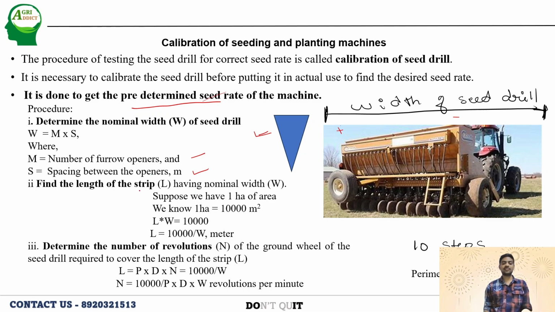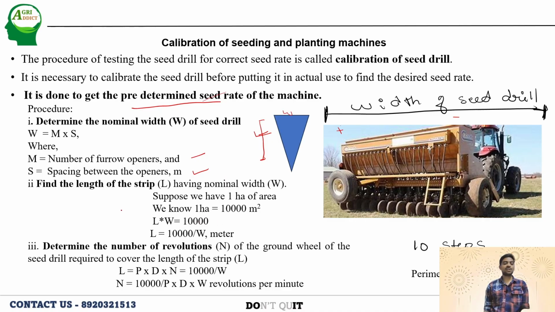Next, find the length of the strip, which has the nominal width W. Suppose we have 1 hectare of area. For that 1 hectare, the length of the strip is given by L × W, where L is the length and W the width. The nominal width W will be covering 10,000 square meters.